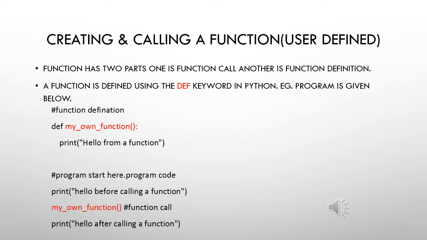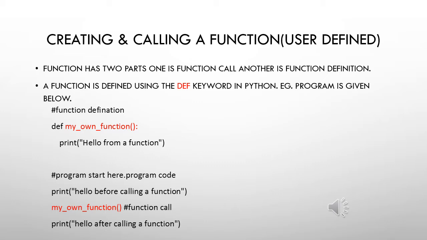In the program, you can see there's a function defined with the keyword def followed by the name of the function, which is my own function. And in the body of the function, we have a print statement. So when this program runs, the first line will be executed in the main program, which is hello printing before calling a function.